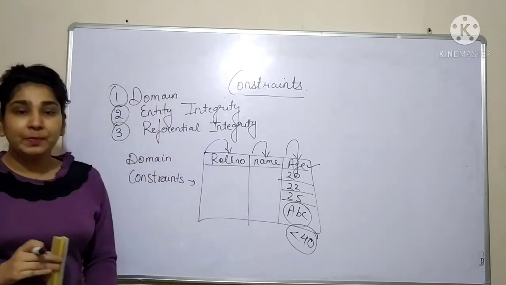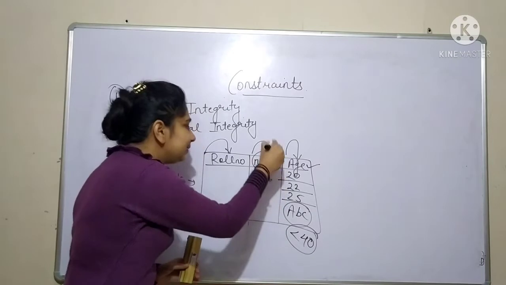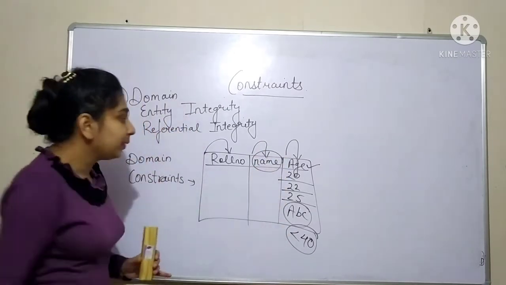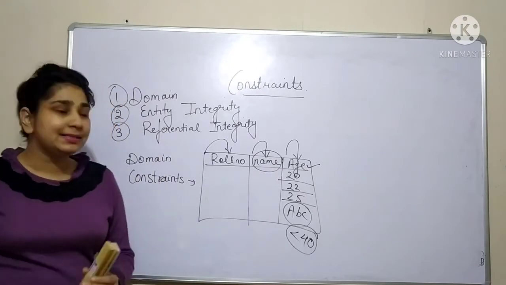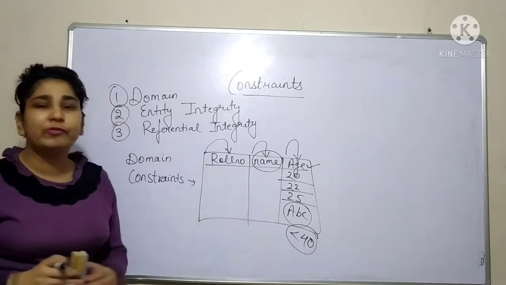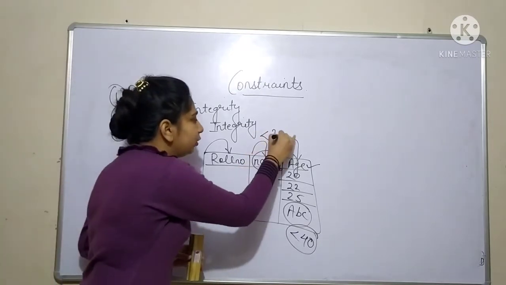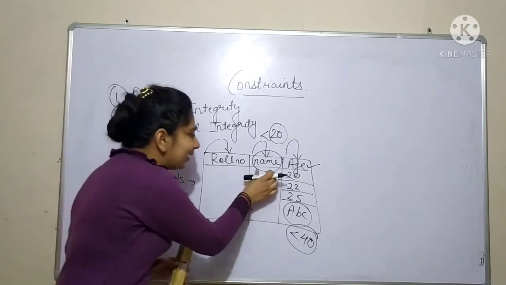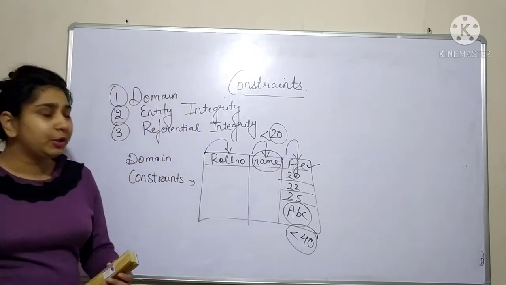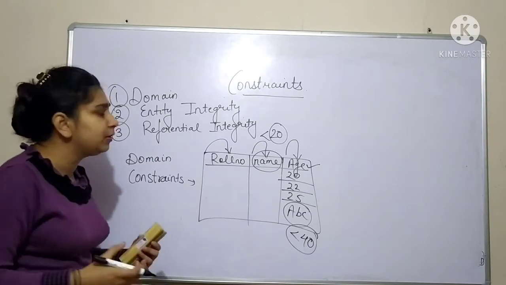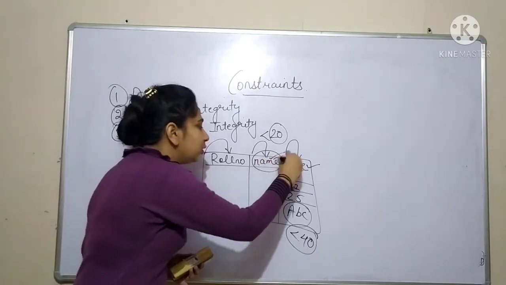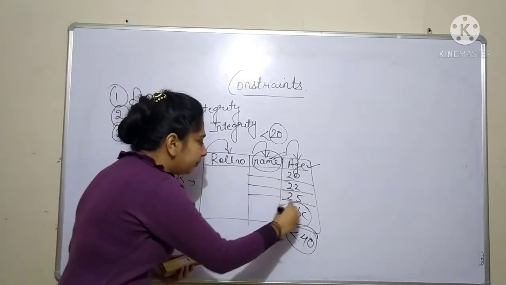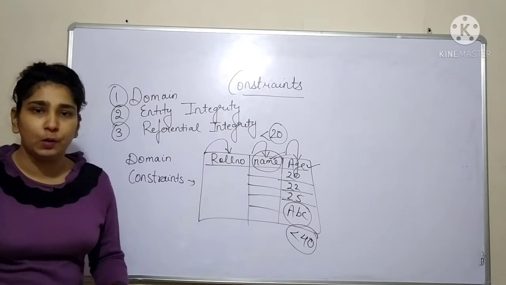Now if you look at this name column, if I say that the length of the name should be less than 20, what you are doing is applying some kind of restrictions on the columns, on the attributes, which each and every record present in your table would follow.